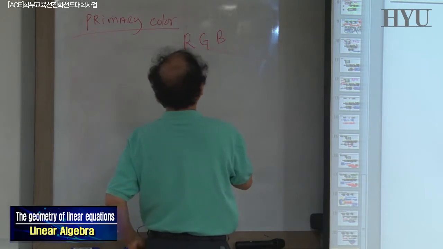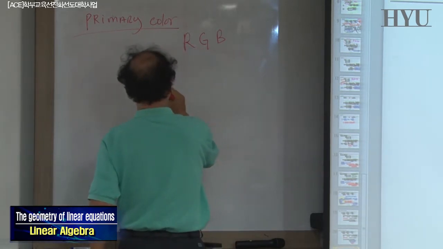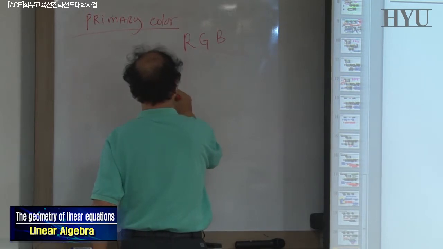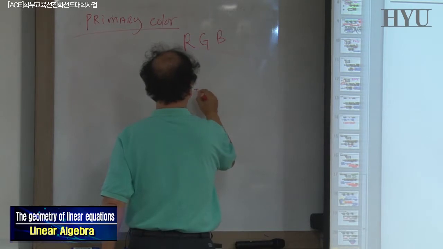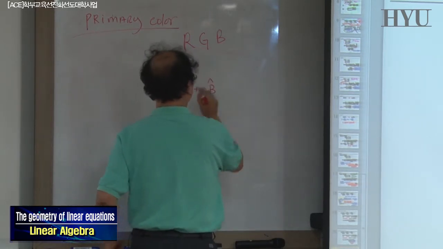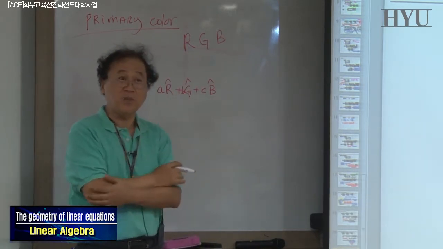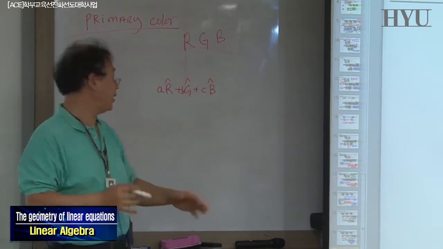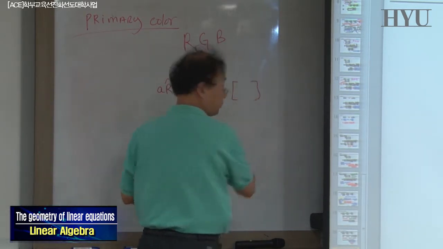So it means basically in a way like this. What is linear combination, right? By combining these three colors, you can come up with all the colors, right?